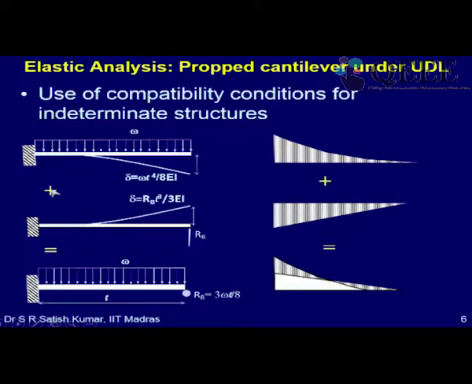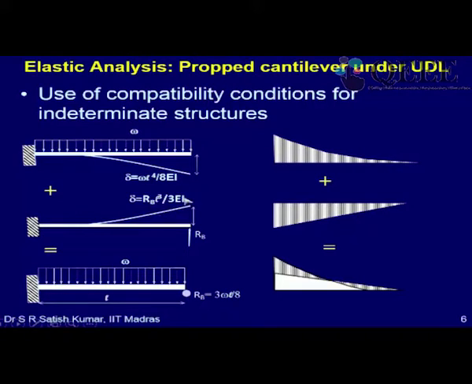Now to this I am going to add another similar beam which is now having a reaction at B as the load, upward load. So when I apply a force RB, again I can solve this using the Euler-Bernoulli equations, and I get the deflection as RB into L cube by 3 EI.